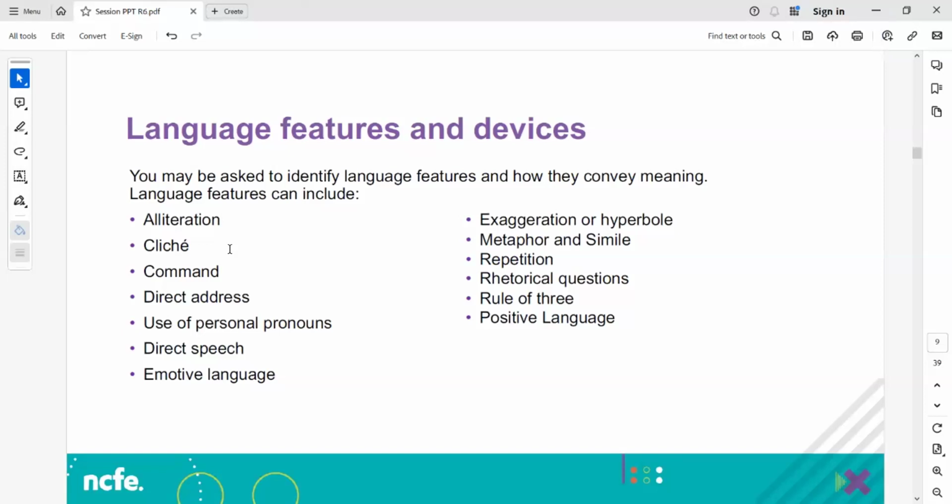So if someone breaks up with their partner, someone might try and console them saying, don't worry, there's plenty more fish in the sea. So it's kind of saying to them, you'll find someone else. That phrase could originally have sounded very clever, but it's now so overused that it kind of loses its impact.